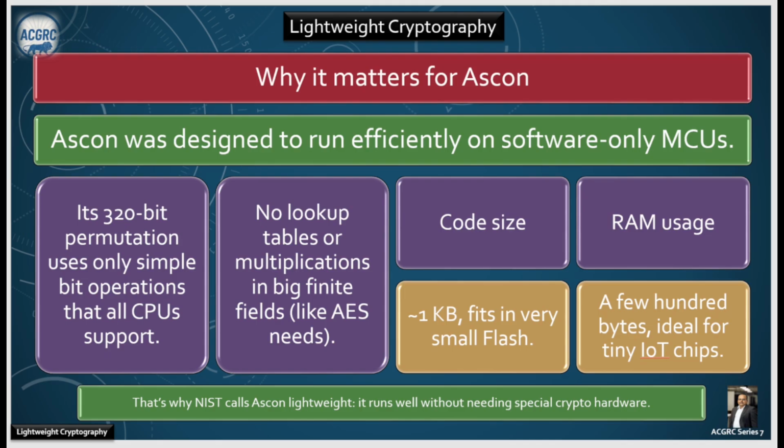The code size is about 1 KB, so it fits in a very small flash. The RAM usage is a few hundred bytes, which is ideal for tiny IoT chips. That's why NIST calls Ascon lightweight. It runs well without needing any specialized crypto hardware.